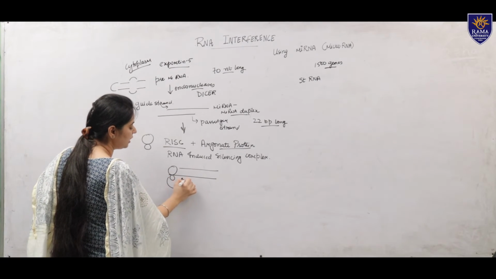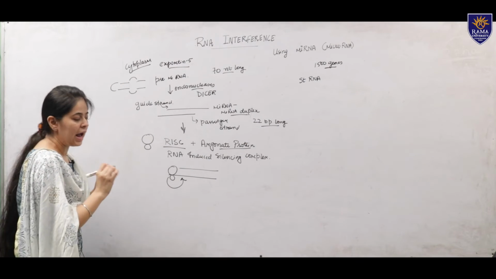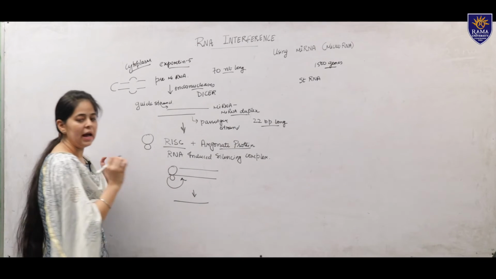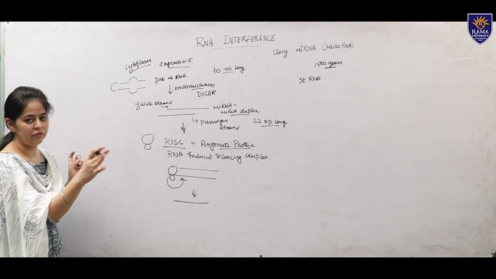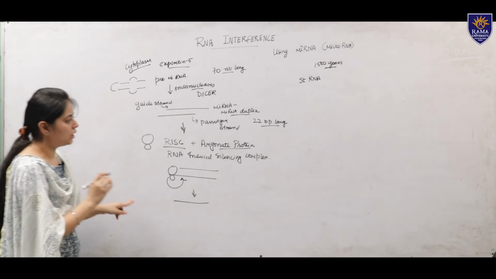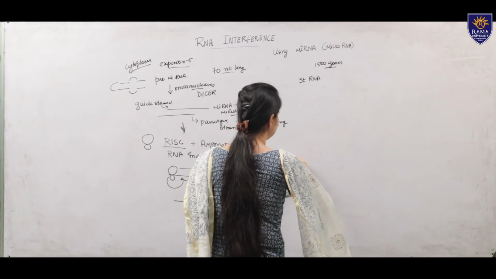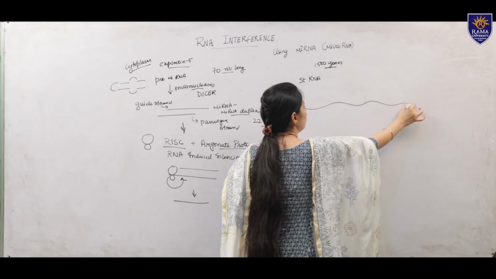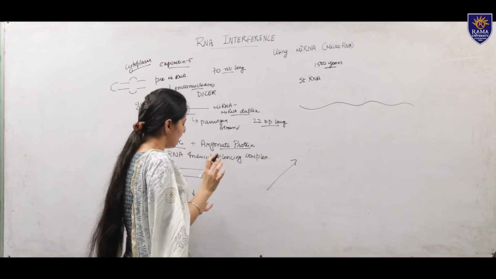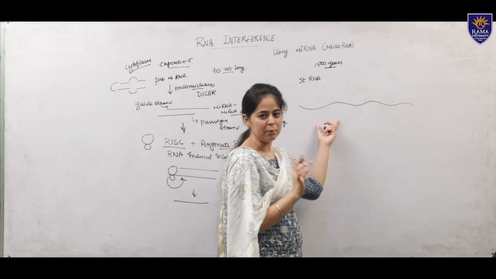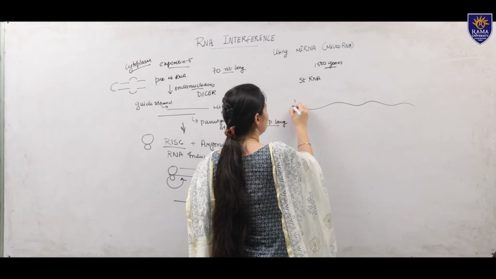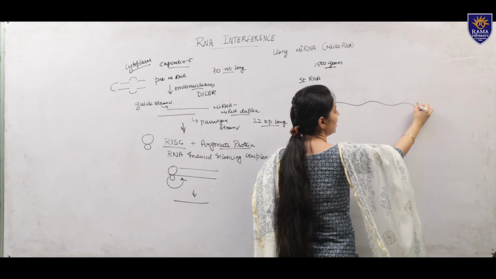It degrades the passenger strand and allows the miRNA to be free and now ready to find its target. So now we will look at its target here. Its target could be any mRNA whose complementary sequences are present in this mRNA. This is the 5' end of the mRNA and this is the 3' end of the mRNA.